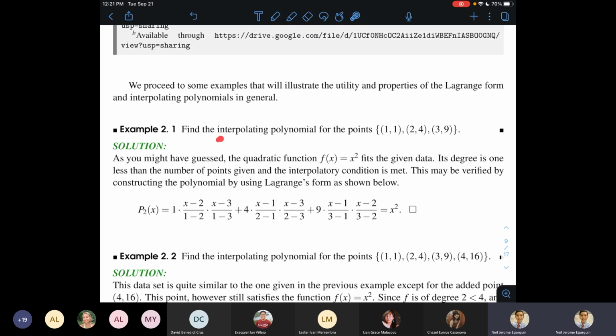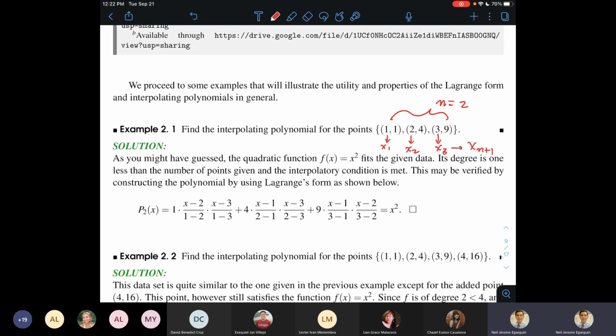So if I ask you to get an interpolating polynomial, here you note that, oh, I have n is equal to 2. Kasi this would be x1, this would be x2, this would be x3. And remember, yung last term, dapat siya yung x sub n plus 1. So that means n is equal to 2. So here I am expecting a degree 2 polynomial or less.